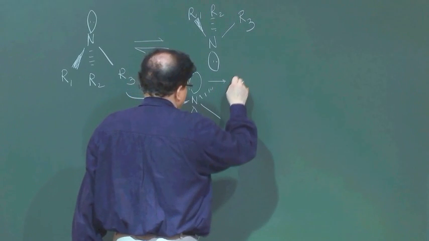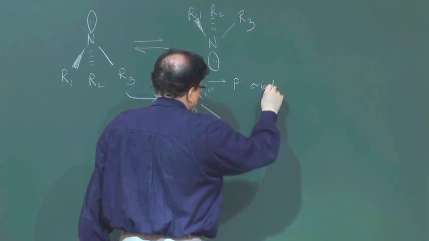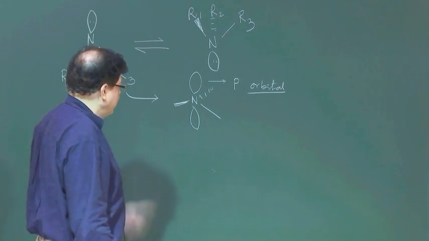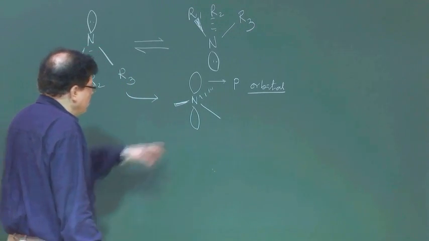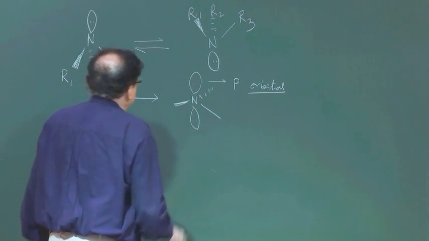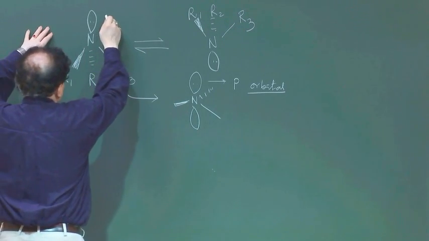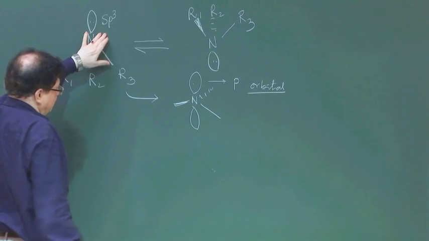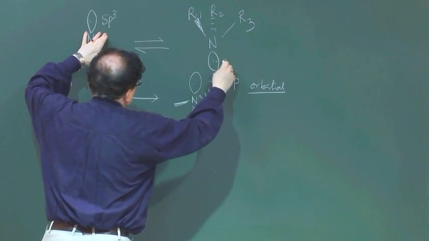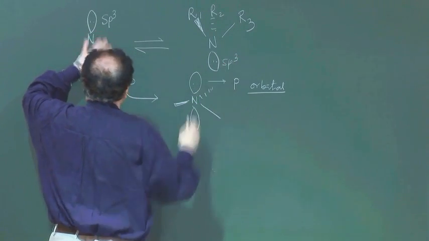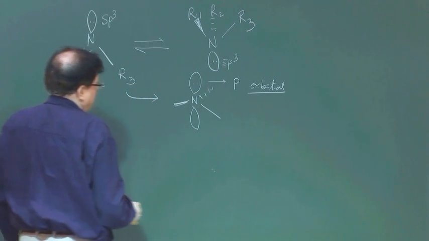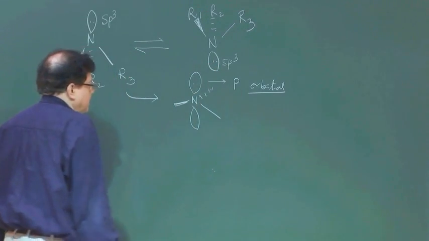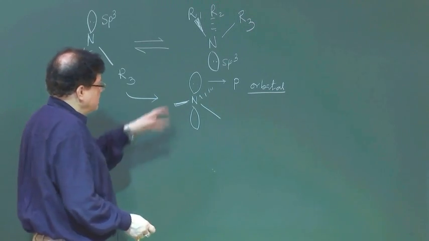So, this is a p orbital, and you can call that the nitrogen is assuming a trigonal bipyramid structure, which includes the lone pair. So, the conversion is basically you have an sp3 hybrid orbital that was earlier up, and now it goes down to an sp3 orbital via the intermediacy of a p orbital. Nitrogen is a 2p orbital.